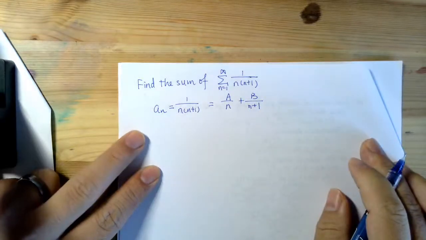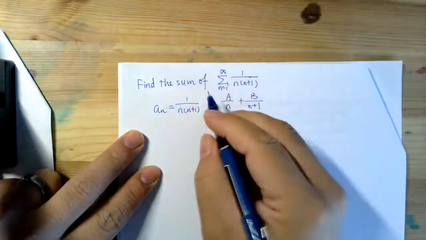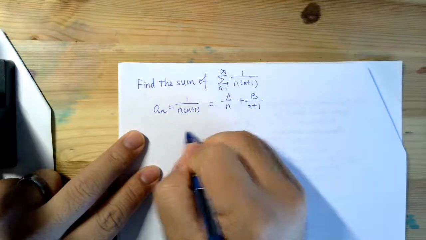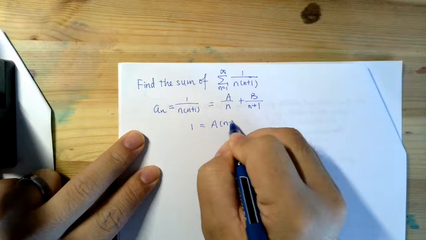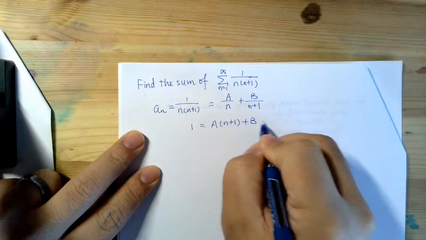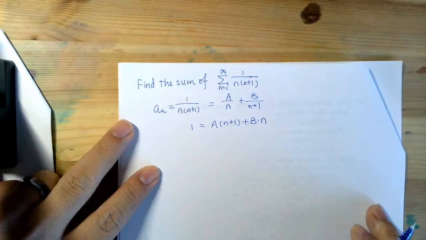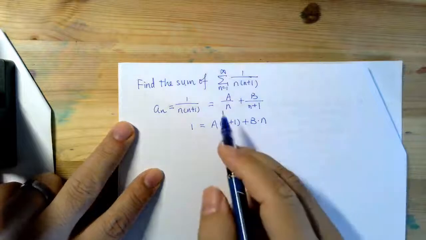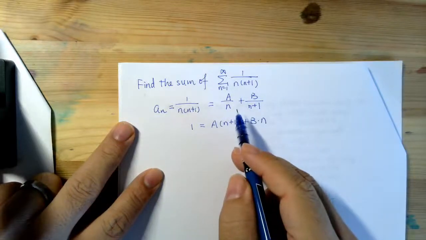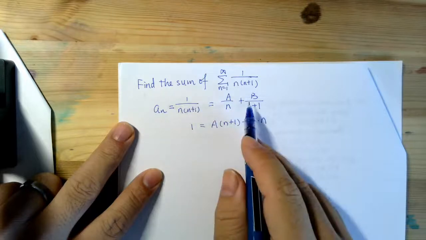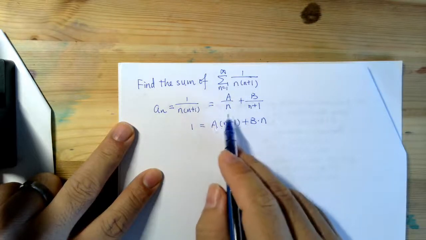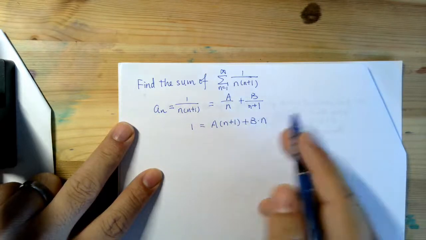Okay. So what we can do here is, we know that 1 is going to equal a times n plus 1 plus b times n. Because if we let them have the same denominator and then let the numerators match, 1 equals a times n plus 1 plus b times n.